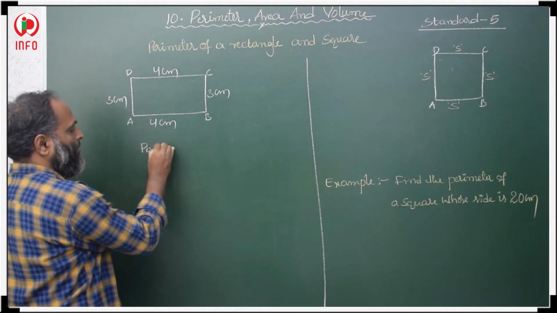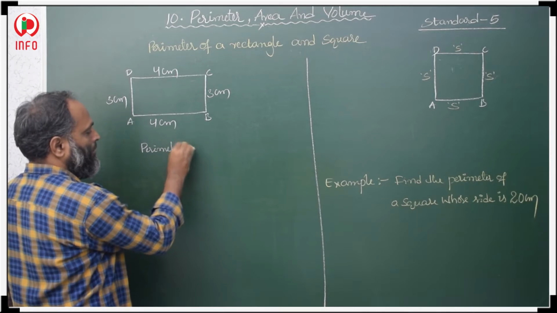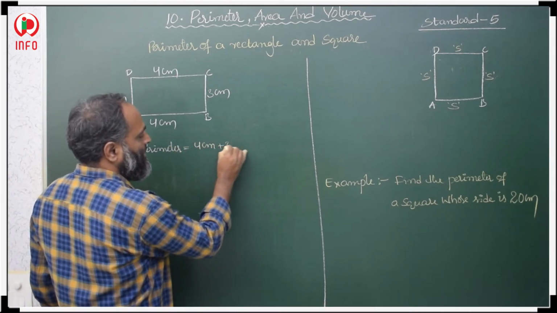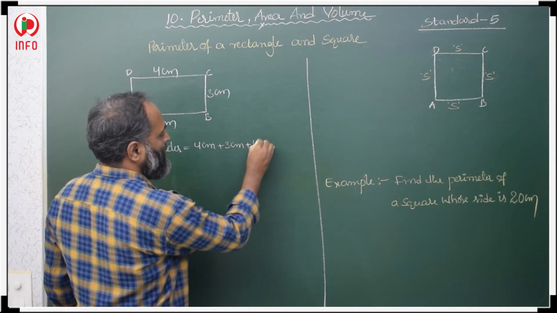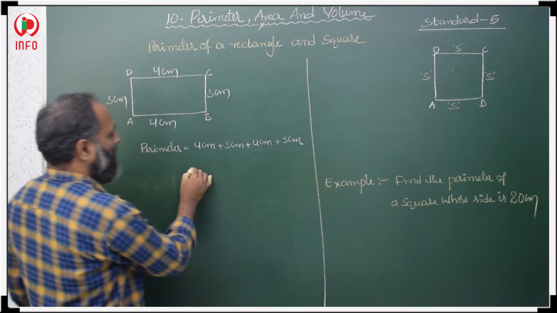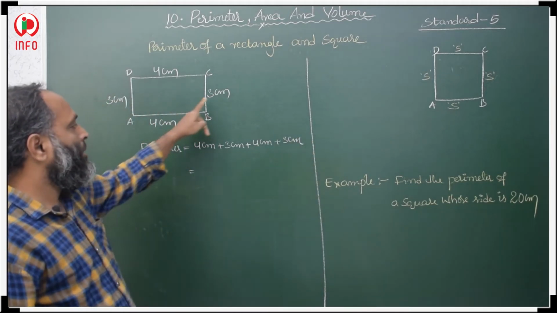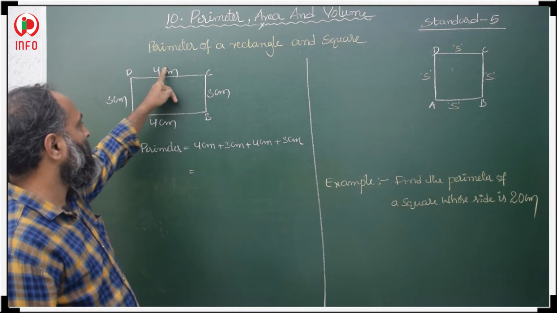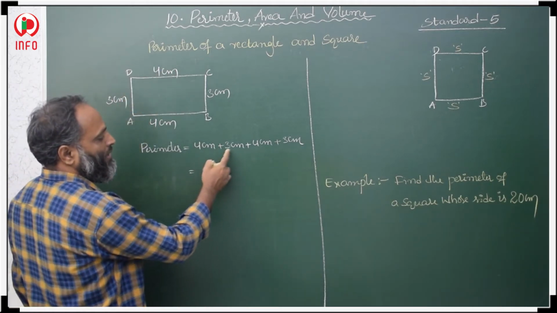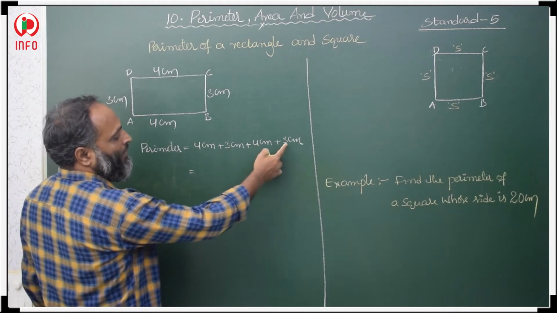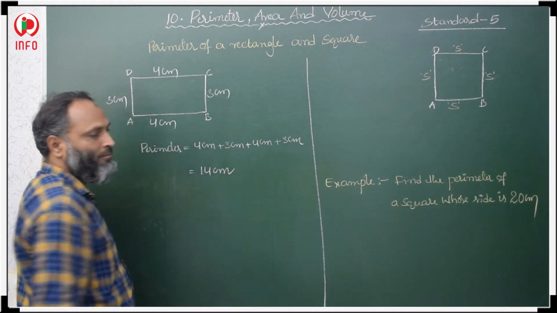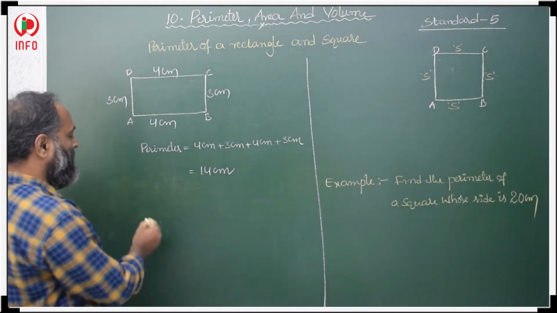Perimeter is equal to 4 centimeters plus 3 centimeters plus 4 centimeters plus 3 centimeters. 4 plus 3, 7, 7 plus 4, 11, 11 plus 3, 14, total 14 centimeters. Okay. So what is actually the perimeter of a rectangle?